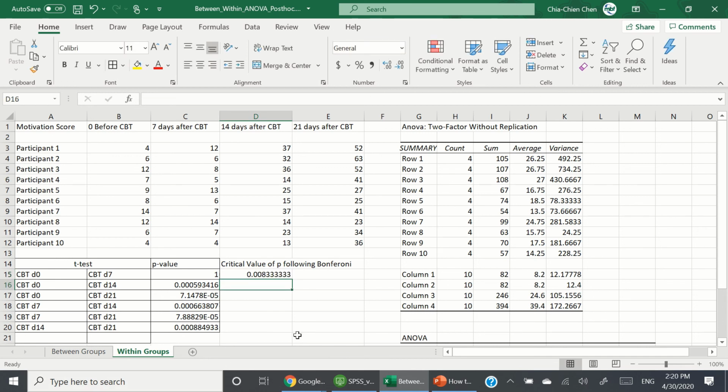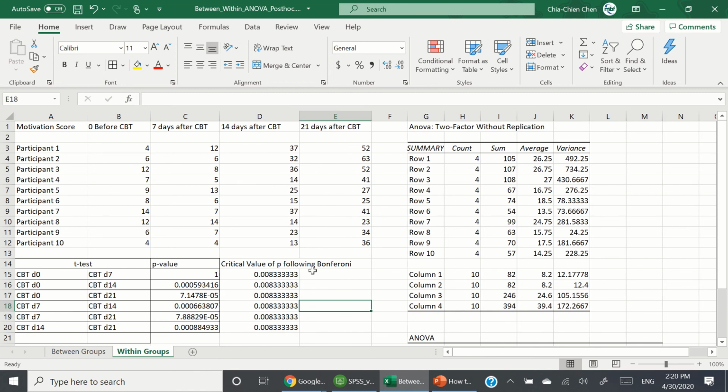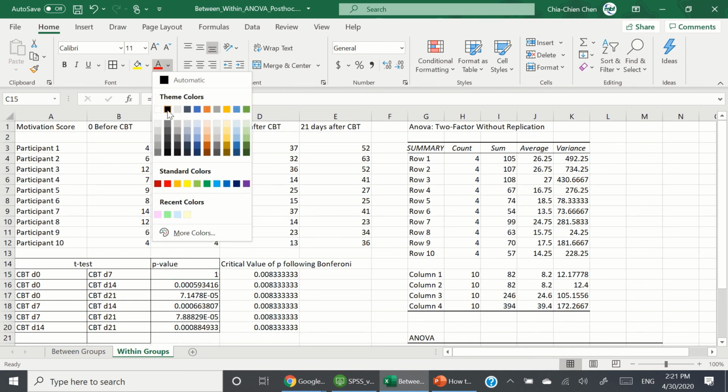Essentially this is the number that you need to look for when you are looking to see whether this is significant or not. So then you just look for this. So this P is 1, so this is a lot bigger than this, right? So that is not a significant value.